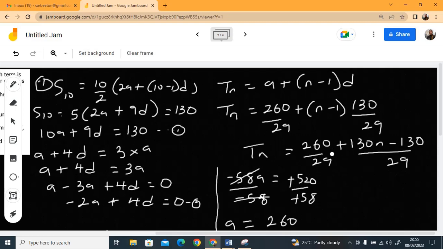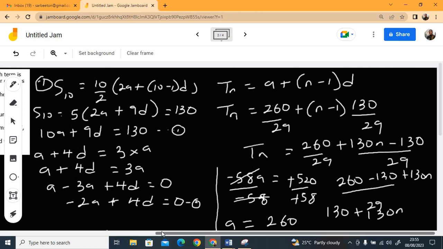The LCM of both of them is 29. We still have 260. You can collect like terms, minus 130 plus 130n. 260 minus 130 is 130. So we have 130 plus 130n.